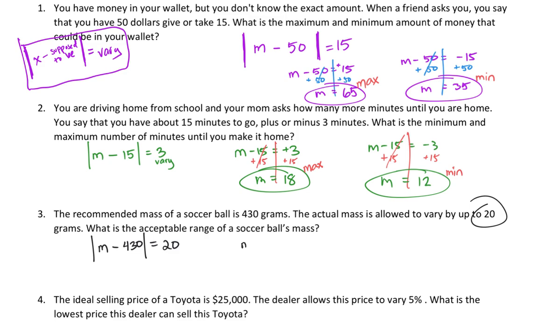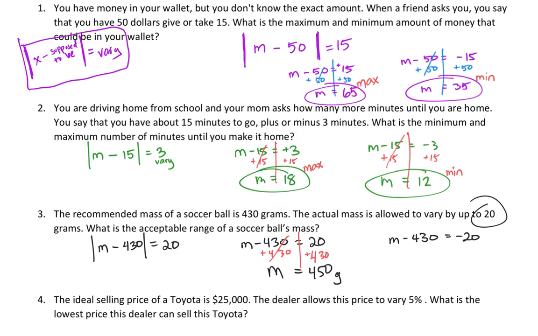So remember, we have our positive one. So m minus 430 equals a positive 20, and m minus 430 equals a negative 20. So I can be above or below. Let's solve. Add 430, because that's the inverse operation. And m could equal 20 plus 430 makes 450 grams.